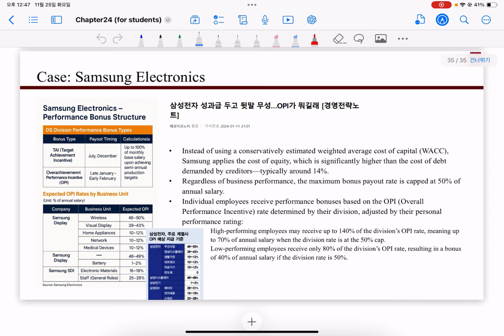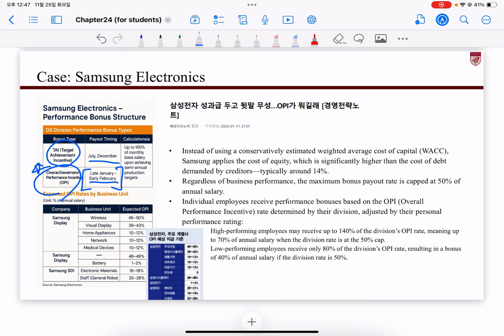So for example, OPI is usually paid in late January and early February, whereas the TAI is paid in July and December. But let us focus on the OPI.